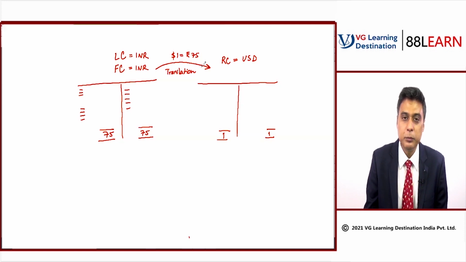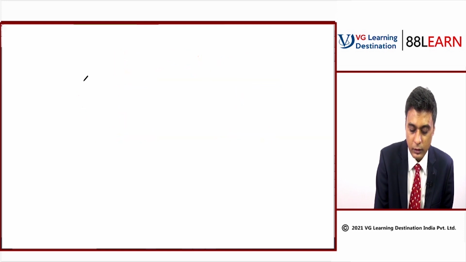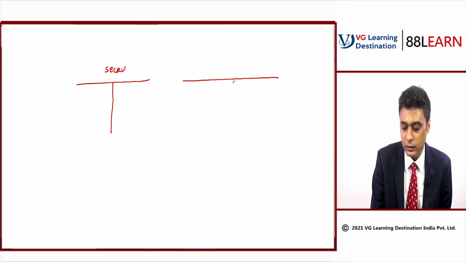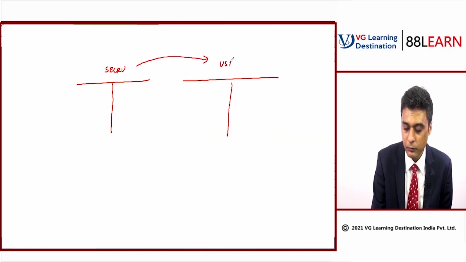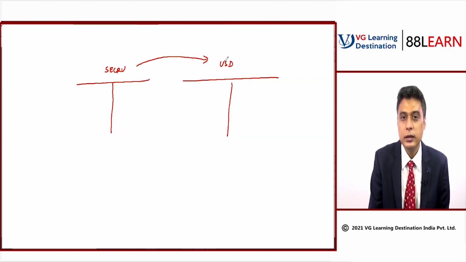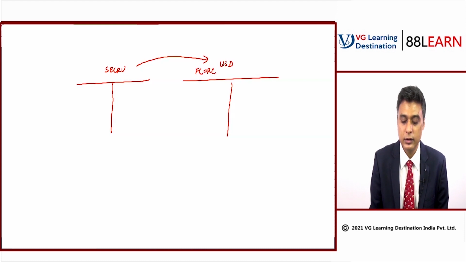Let's take the other example where you are going from the Ecuadorian currency to the US dollar, but here the functional currency is equal to the reporting currency, which is US dollar.